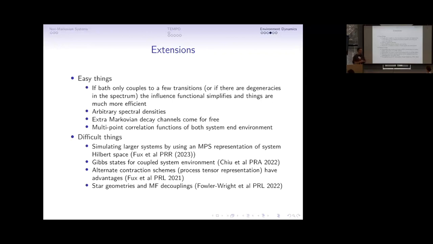You can do models of multiple emitters in a cavity, which look like mean-field type descriptions, where each emitter has a non-Markovian environment, and you can build up a TEMPO-like description: a mean field theory for the cavity plus set of emitters, but each emitter has some non-Markovian degrees of freedom. And there are papers covering all these kinds of things.